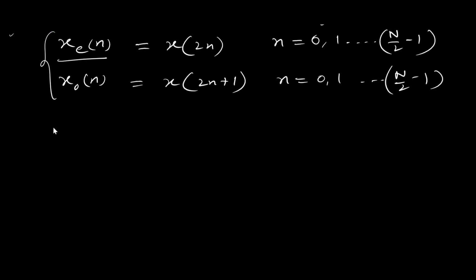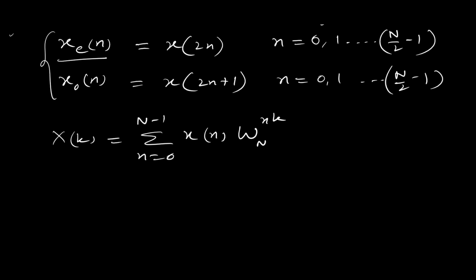All right, we know that the n-point DFT of sequence x(n) can be represented as X(k) equals summation n equals 0 to n minus 1 of x(n) multiplied with Twiddle factor to the power nk, where k ranges from 0 to n minus 1. The length of the sequence is n.